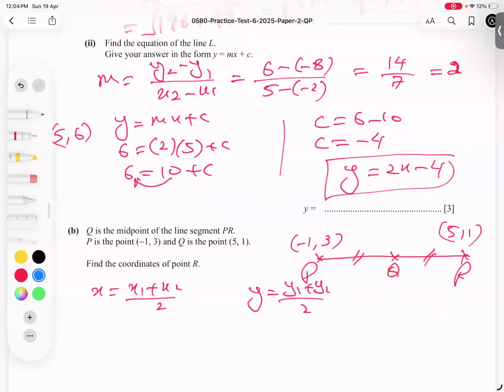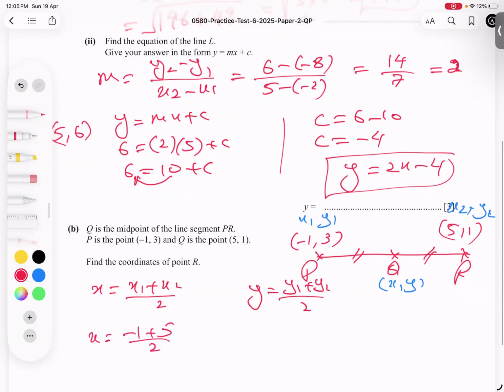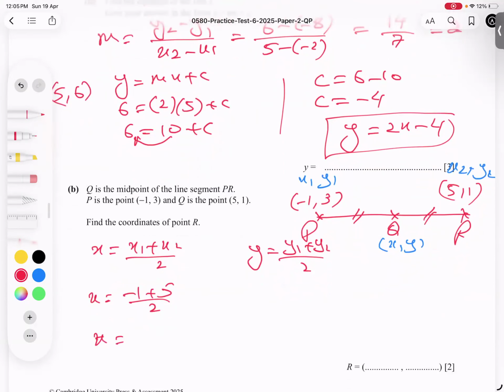For your understanding, this is x, y, and this x1, y1, here x2 and y2. I'm replacing: x1 is minus 1 and x2 is 5. Negative 1 plus 5 is 4, divided by 2 gives 2. Then 3 plus 1 is 4, I got 2. So the midpoint turns out to be 2, 2.